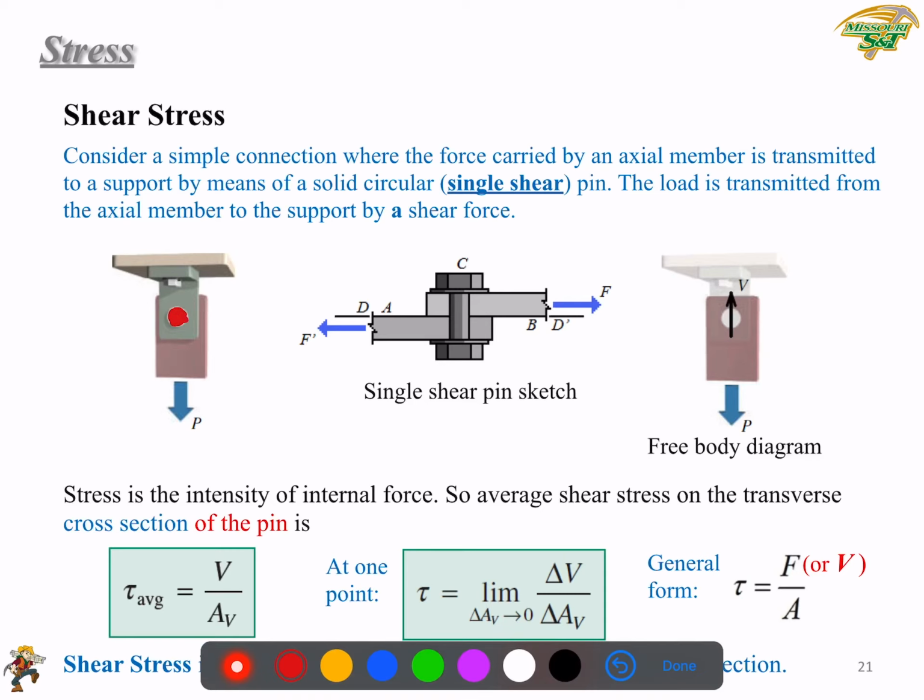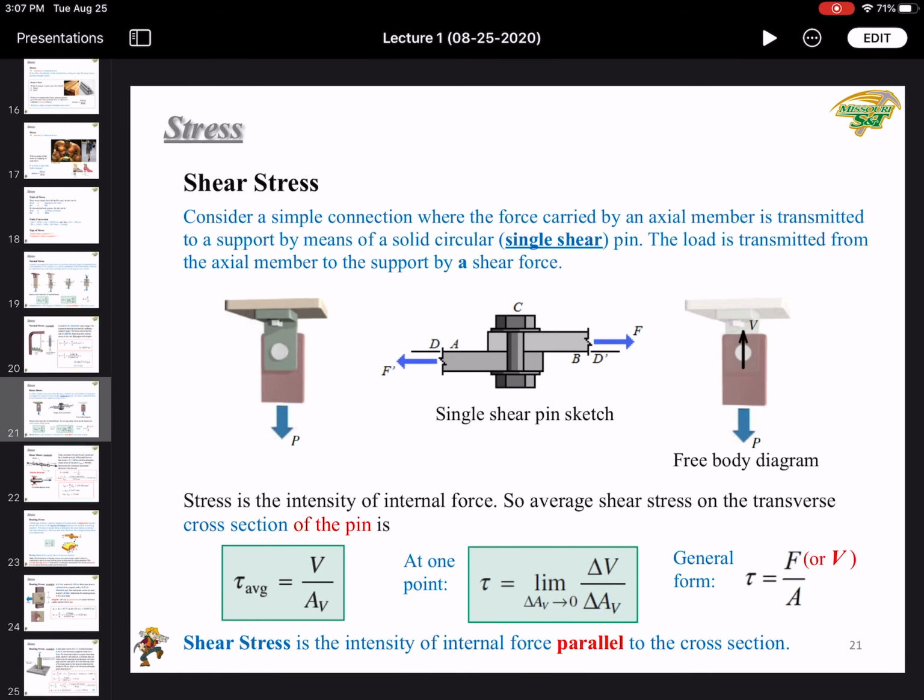And if you look at this view in the second diagram, you can see that both the support and the plate would carry the same force, F, and F is transmitted through a single shear pin.